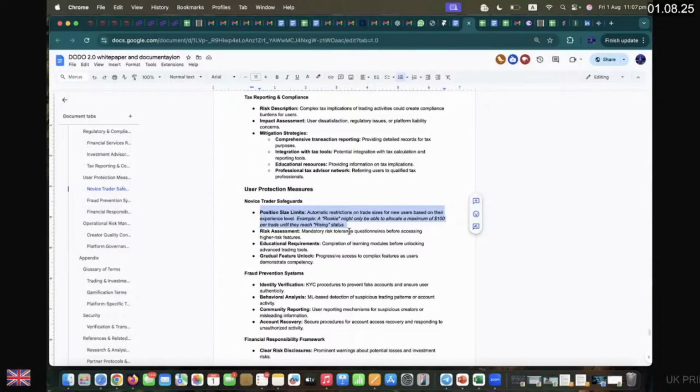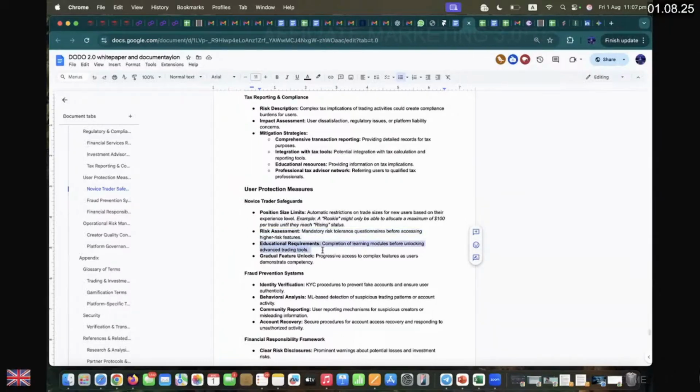So the platform is going to keep you safe in terms of market risk also. Risk assessment, mandatory risk tolerance questionnaires before accessing higher risk features.